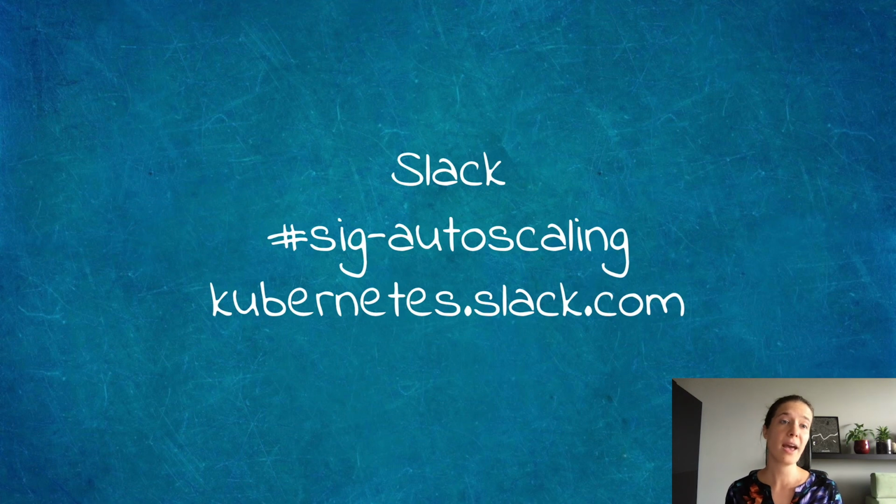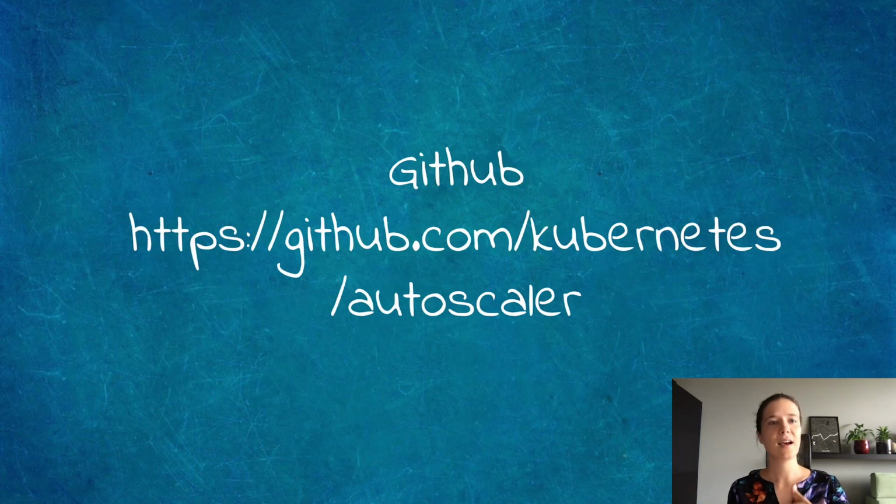But we also have quite an active Slack channel where we talk all things autoscaling. And as to where our stuff lives, new stuff like Cluster Autoscaler and VPA sits in the Kubernetes Autoscaler repository. HPA is the oldest autoscaler robot, and it sits in the core Kubernetes repo.